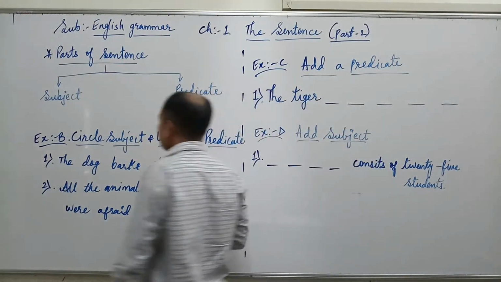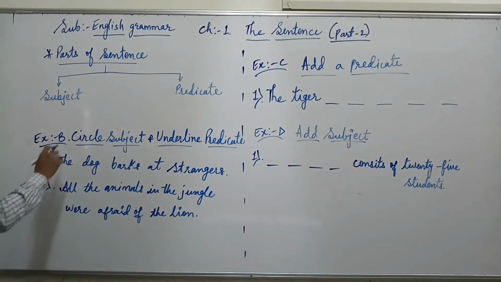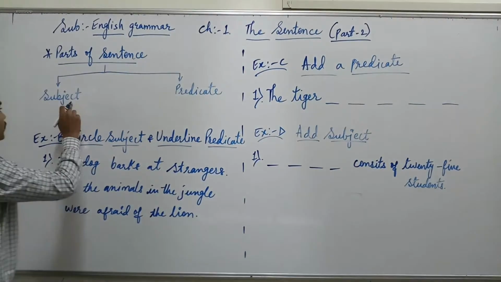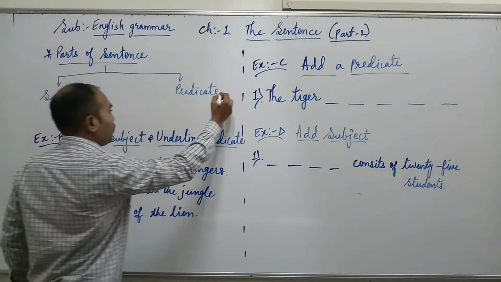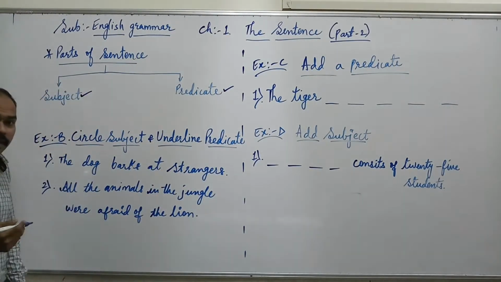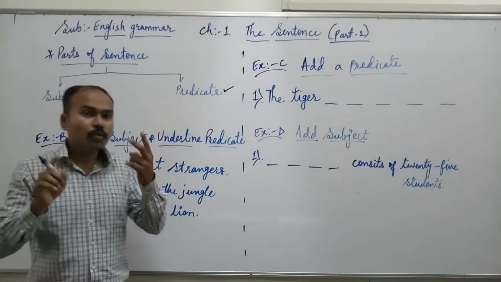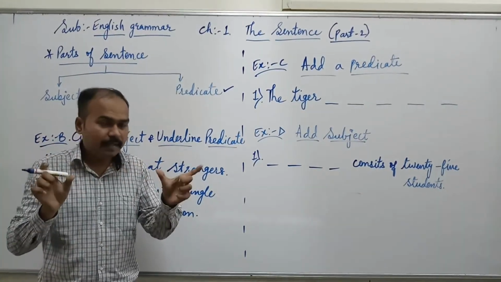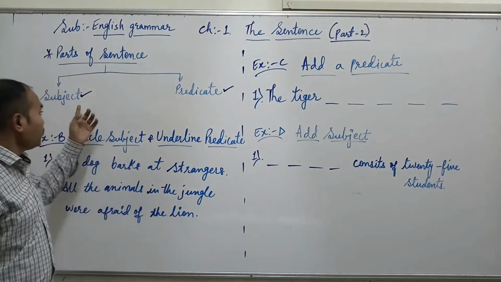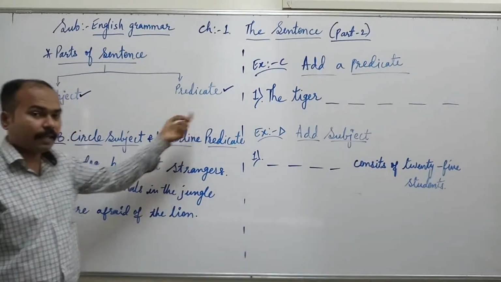So let us see. Sentence is divided into two parts, and that is subject and predicate. We divide a sentence into two parts, subject and predicate. Now what is subject and what is predicate?